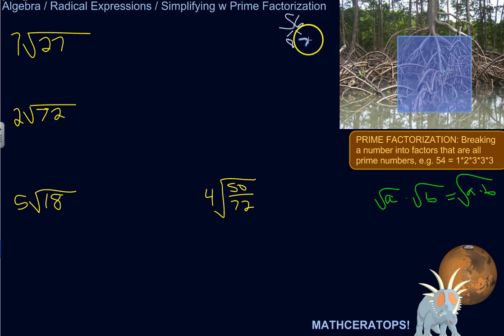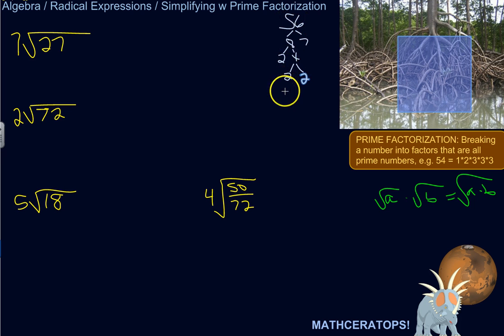You can only divide it by itself or 1 and get a whole number. So we're done there, but 8 is not a prime number. It can go farther. So 8 is 2 times 4. 2 is a prime number, so we're done there, but 4 is not because we can break it up into these prime numbers.